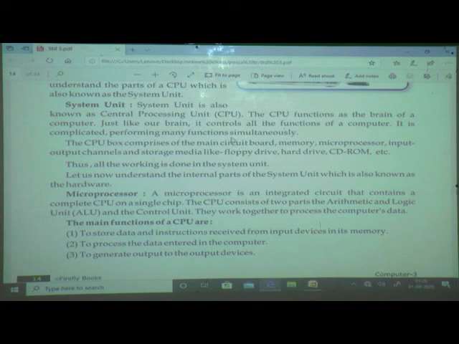At a time we are working on more functions. Same like that, the CPU performs many functions simultaneously.